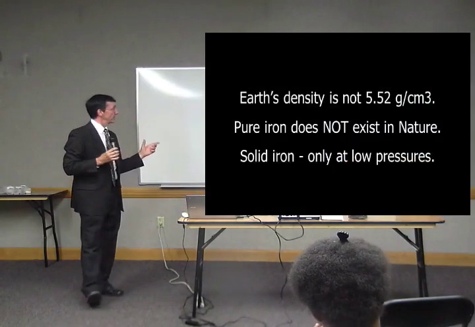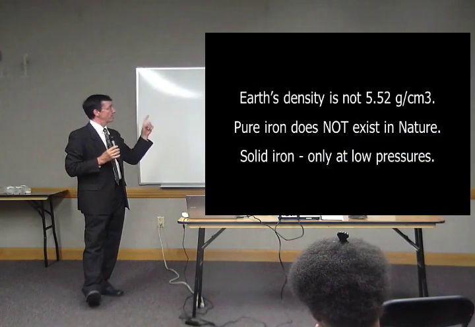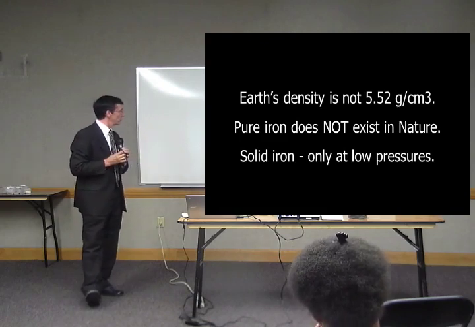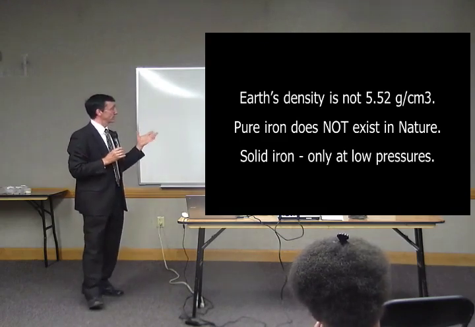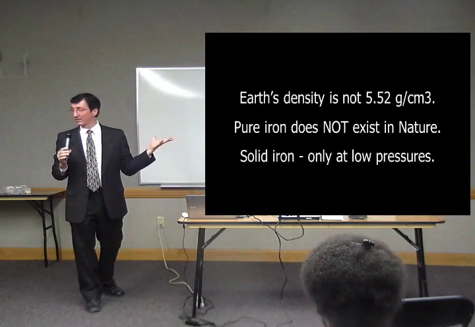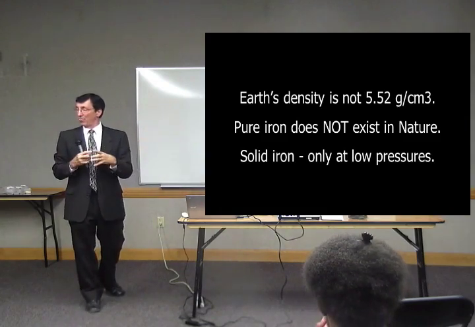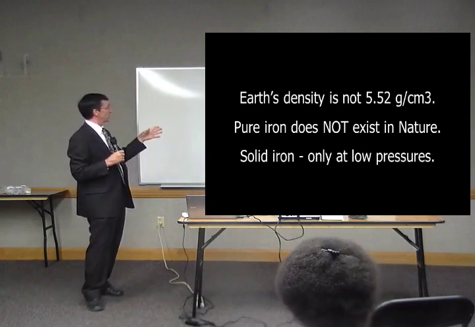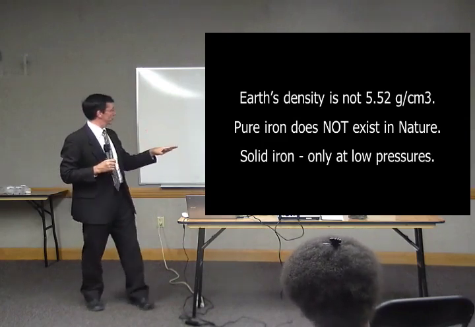But Earth's density is not 5.52 grams per centimeter cubed because pure iron does not exist in nature. So we can't have the Earth that heavy. A solid iron is only at low pressures.